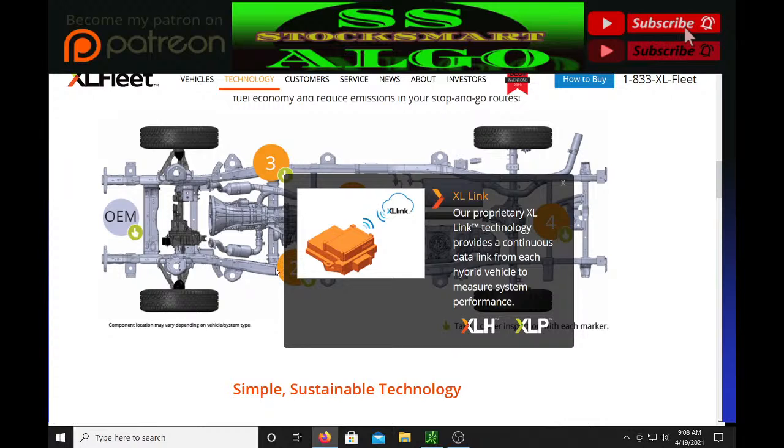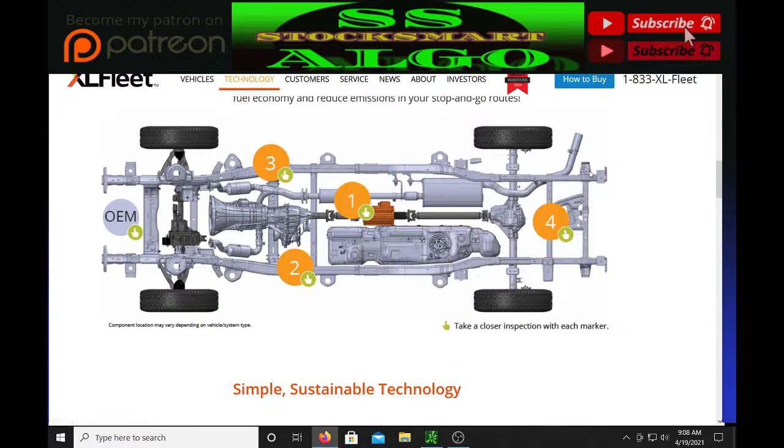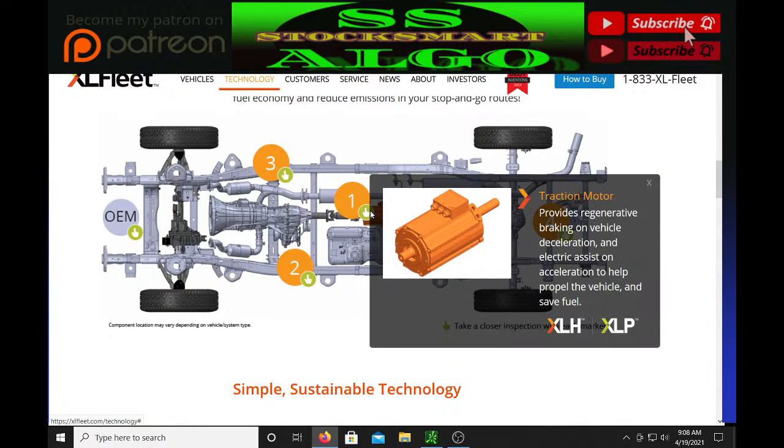All right, what we got here? What are you? The motor drive. All right. So this would be your CPM. Your variable speed controllers control the current flow between the battery and the electric traction motor. Alright, so is this the electric traction motor?